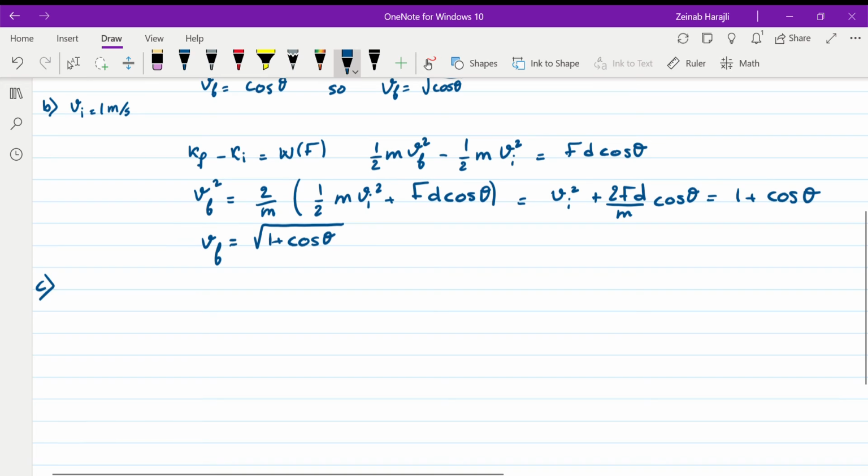Now, how do we see this in our expression? We know that we have again Kf minus Ki equals the work done by the force.